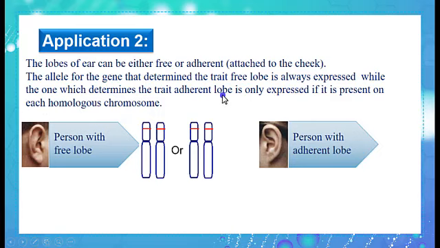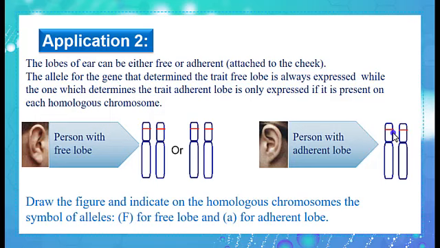What do we mean by the trait free lobe is always expressed? It means that if we have one allele for this trait, it will be shown, okay? While the one responsible for the adherent lobe must be present on the two homologous chromosomes.